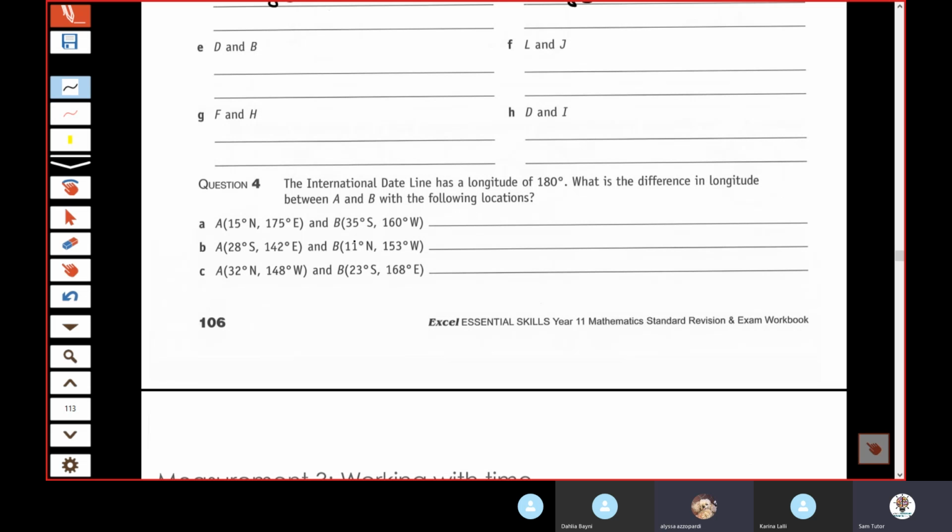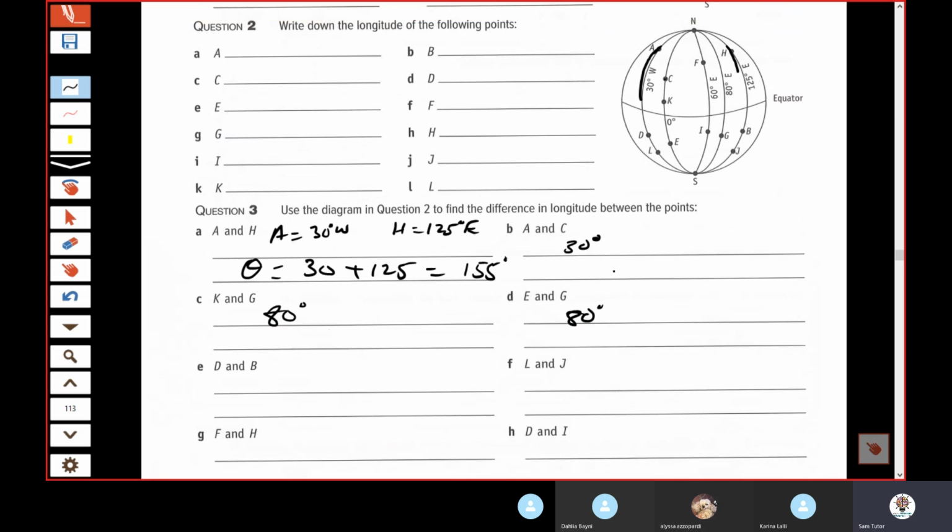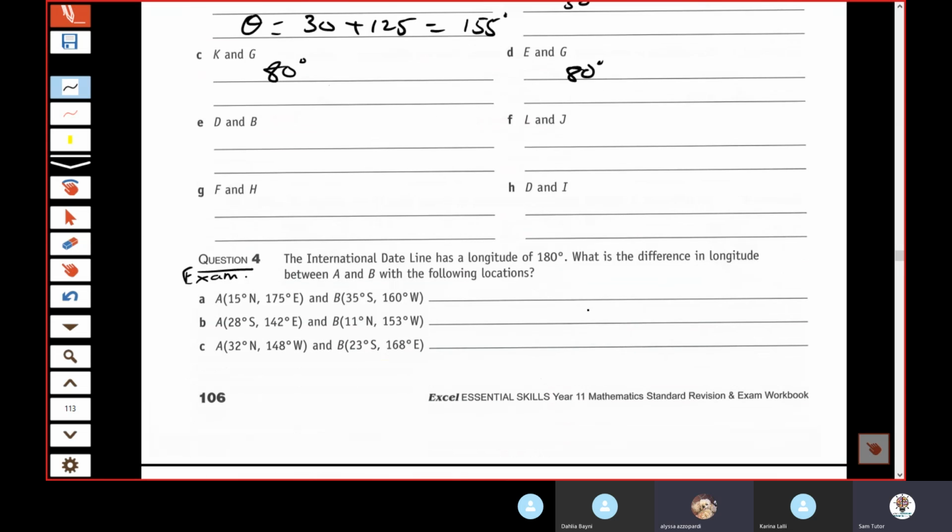Okay, let's do this. This will be in your exam. So this one's an exam question. The international dateline has a longitude of 180 degrees. That just means, yeah, it starts at 0 here. The international dateline's opposite, somewhere back here. But you don't need to worry about that.